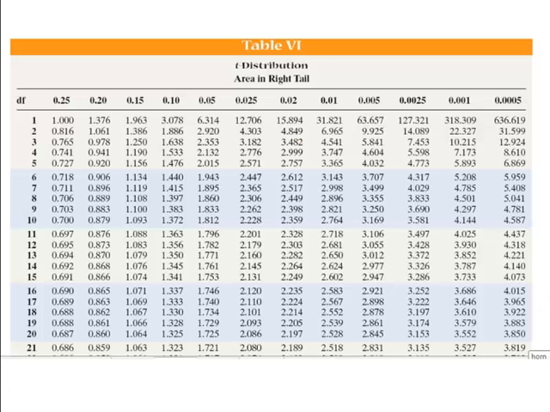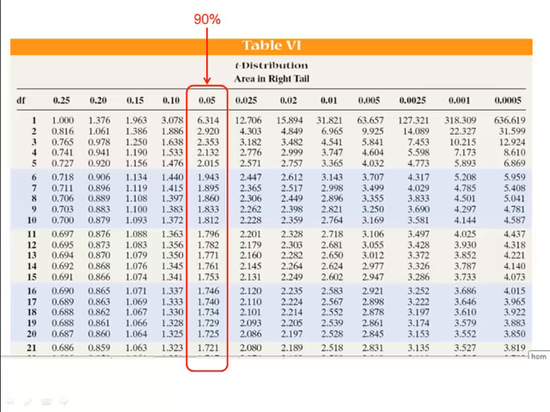Now, because we are doing confidence intervals for 90%, 95%, and 99%, we only need to focus on 3 columns. The first column would be the 0.05. That corresponds to a 90%, and the reason is that this value is our alpha divided by 2.